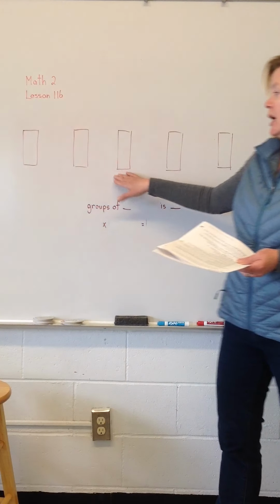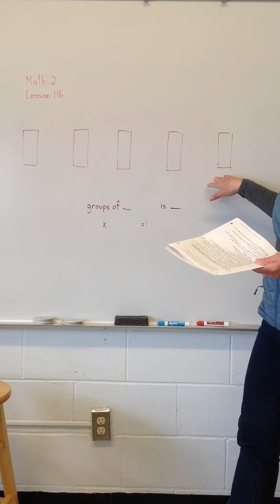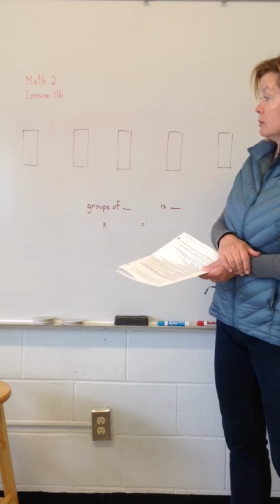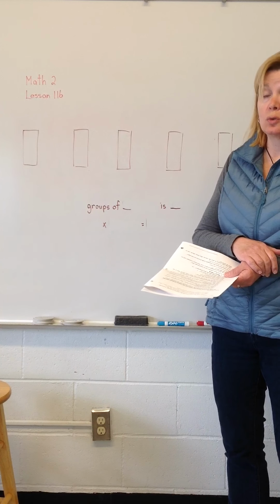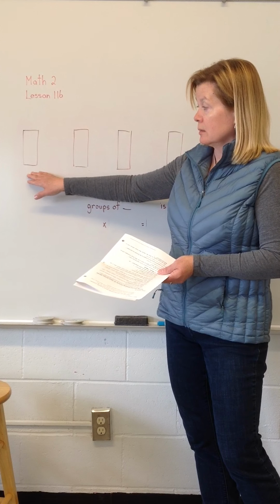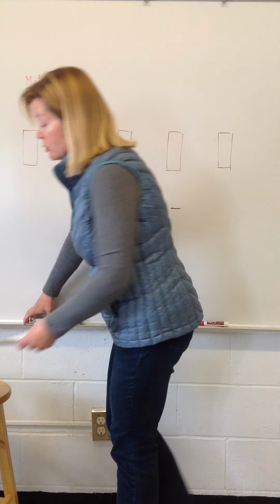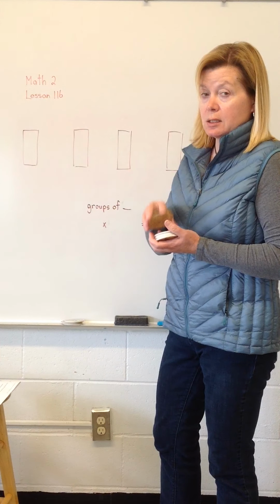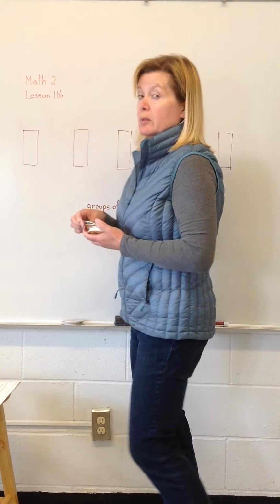So these 5 rectangles are cars. My cars need wheels. So use your pennies to put 4 wheels on each car. I'm going to use the magnetic dimes and pennies to do that. So do it with me, please. Put them in groups of 4.